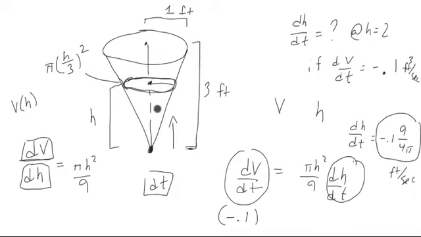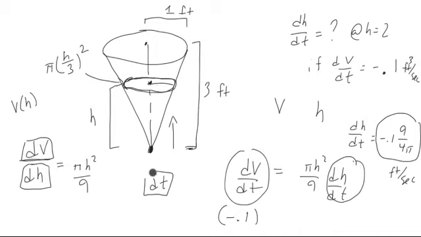In this particular case the radius would be 1/3 of this height, so the radius would be h over 3. So to find the area of this cross section, which is a circle, we simply have pi times the radius, which is h over 3 quantity squared. So what does this mean? This means that dV over dh is equal to pi h squared over 9.